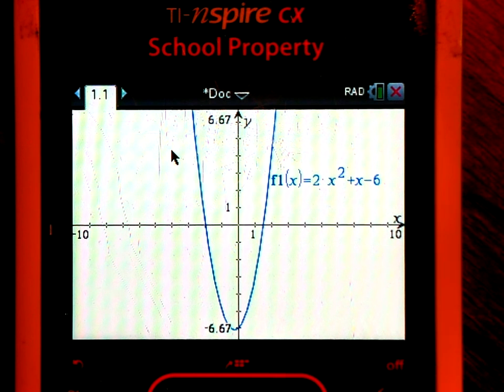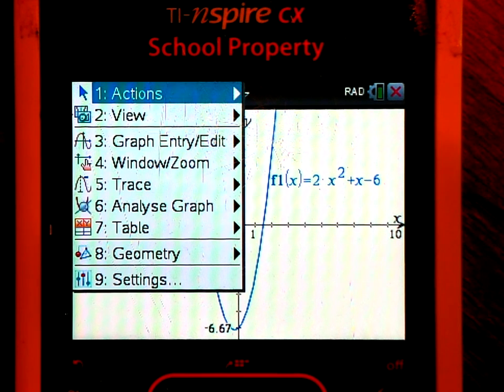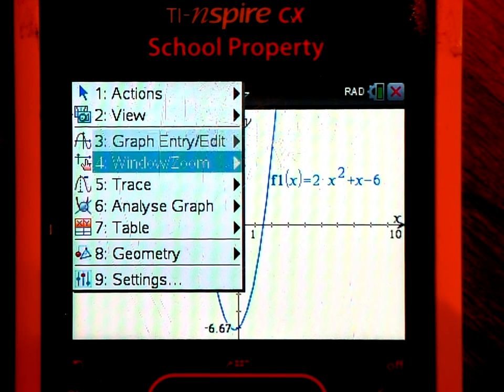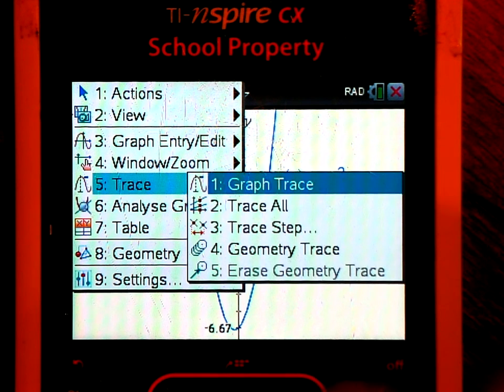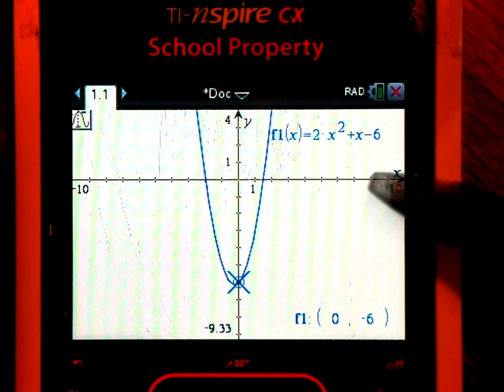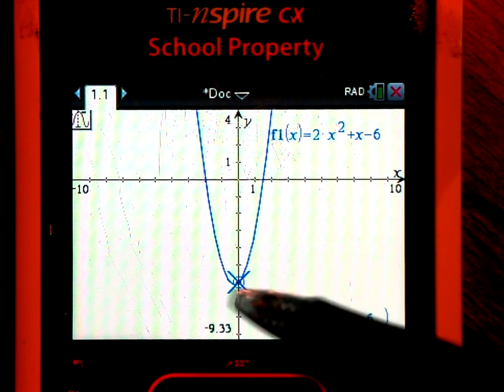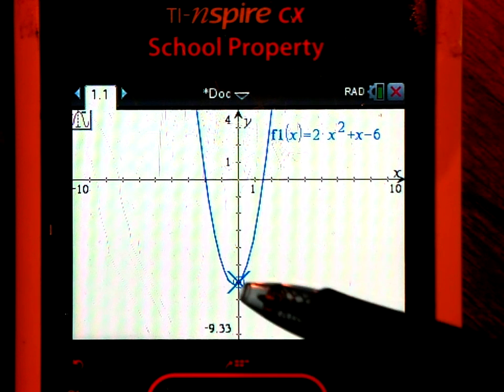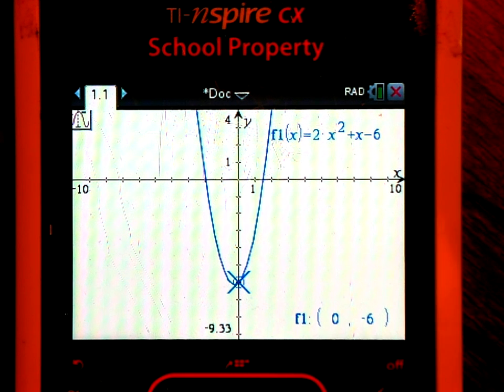So I'm going to hit menu, and then we're going to choose trace and graph trace. Now 99% of the time when you choose this graph trace function, it's going to start to trace this little identifier on the y-intercept, and that's fine. It's just telling you where the y-intercept is. But we're looking for x-intercepts.